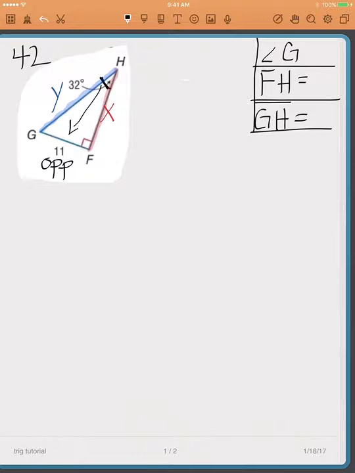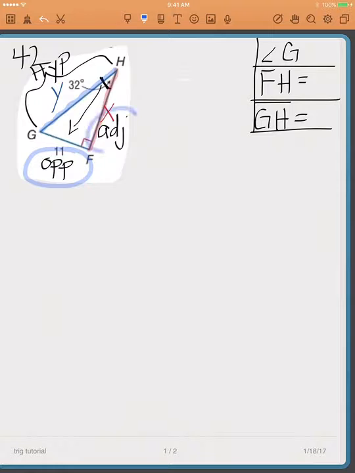So I have the opposite. This guy is going to be the adjacent, and then of course this guy over here is going to be my hypotenuse. So let's solve for the adjacent side, which in this case I'm calling X. So I have the opposite and I have the adjacent. So which trig function gives me opposite and adjacent?